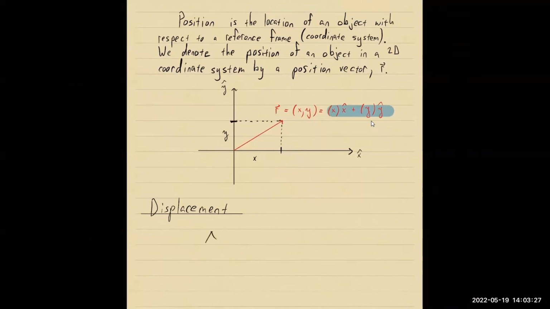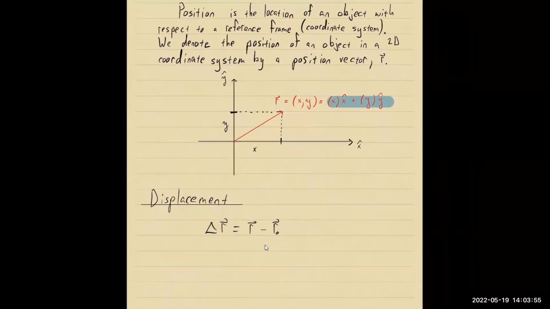So you have the displacement of an object in 2 dimensions, which we write as delta r, is equal to the final position of the object minus the initial position. So the definition is still the same, but instead of working with 1-dimensional vectors, we're working with r, which is a two-dimensional vector. So we can actually expand this out a little bit.